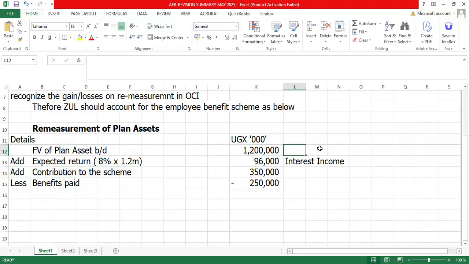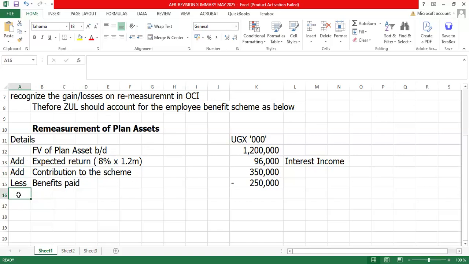So you put the fair value of plan assets, you put the contribution at the start, and when you're getting expected return, you take 8% times the fair value at the start plus the contribution at the start, so that you get the overall expected income. It's something you must note.